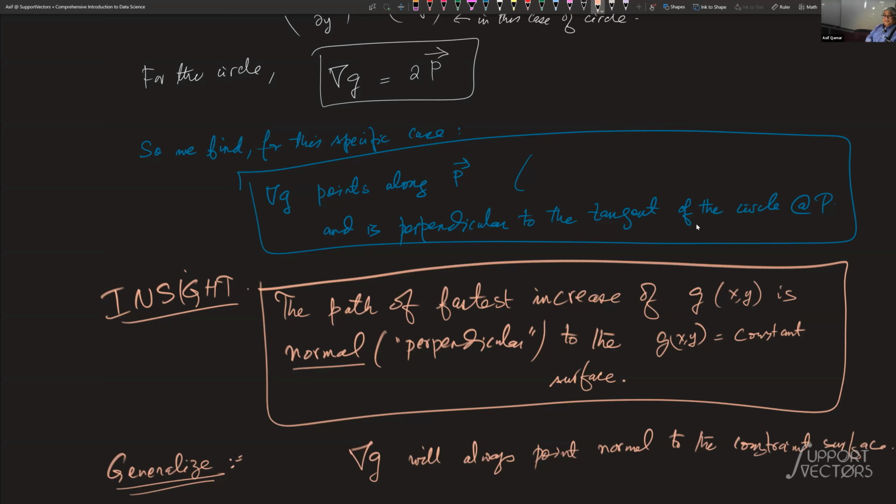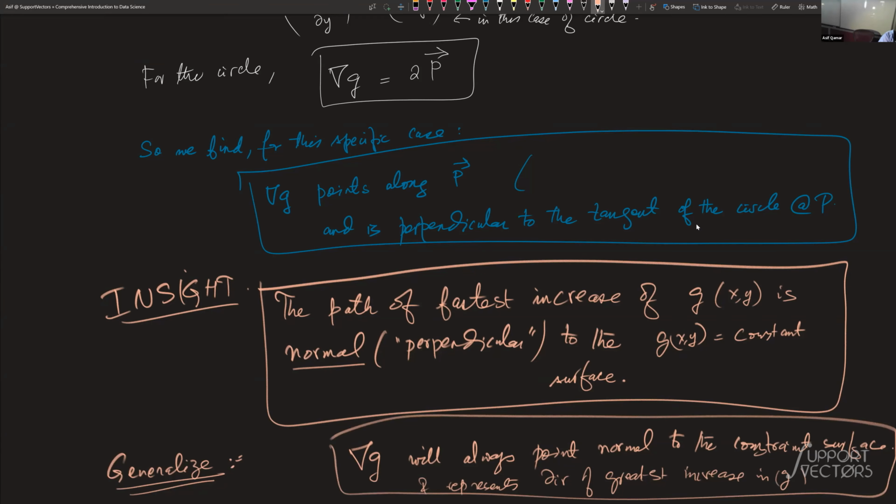Well, that is very good. And it is also the direction of most increase and represents the direction of greatest increase in G. This is our key result that is true.